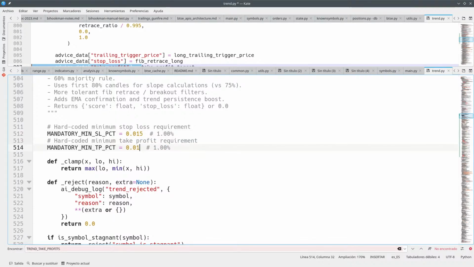So it should be something like this. 0.50.